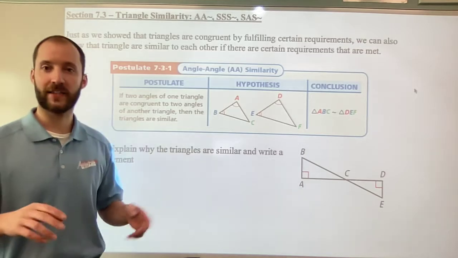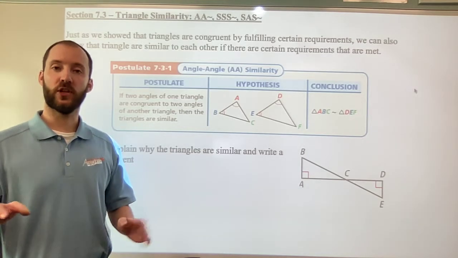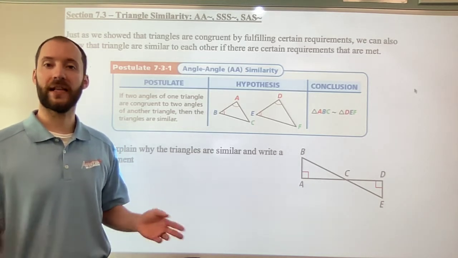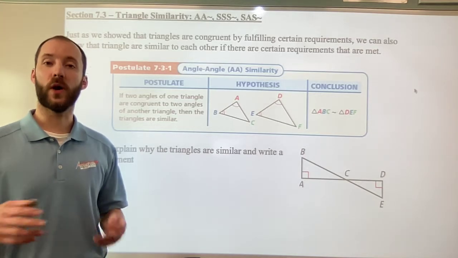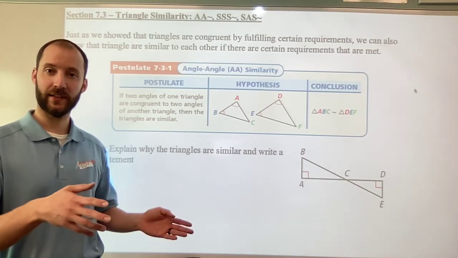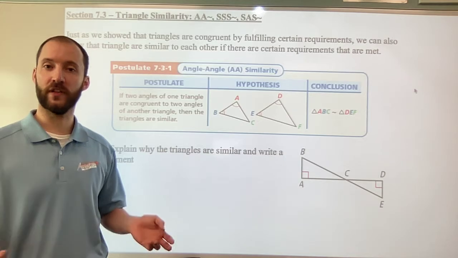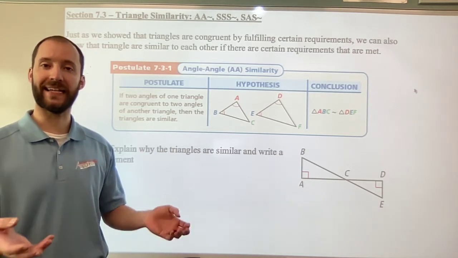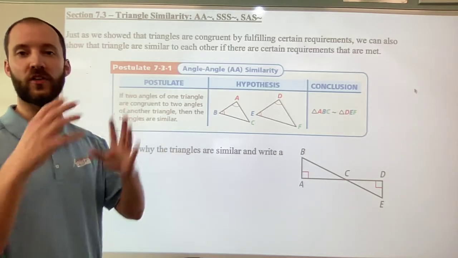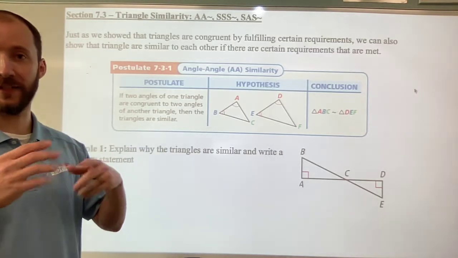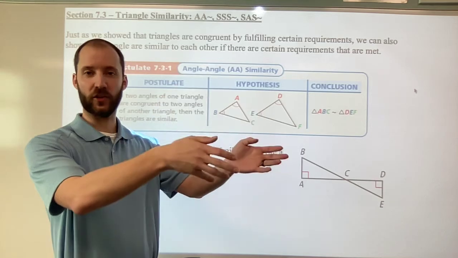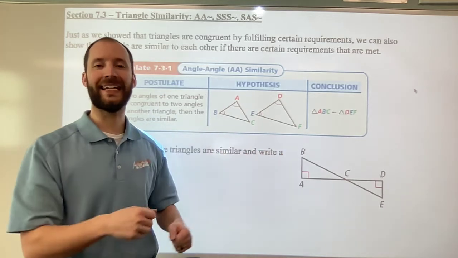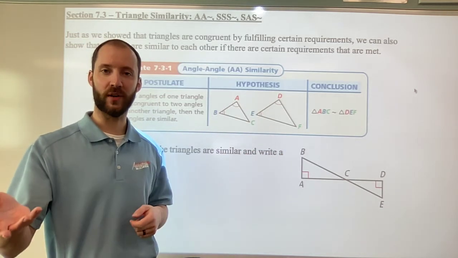What we saw in section 2 is that similar shapes or similar polygons have a 1-to-1 ratio with their angles, so the angles are congruent, and then there's a proportion with their size. Every side in one triangle or polygon to every side in another has the same ratio.